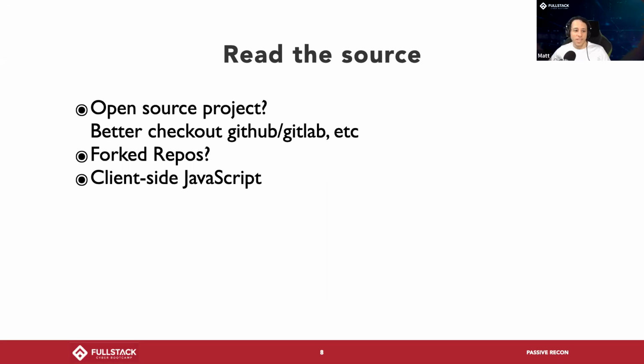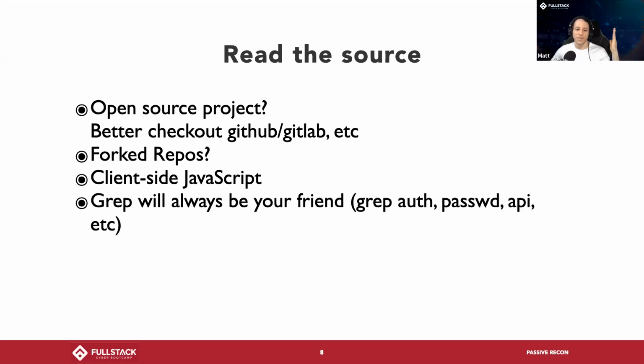Usually when you're doing this though, there's a whole lot of text to look through. There's a whole lot of code to look through. I can't look through all of it, so I have to be clever with how I look through it. Of course, grep is going to be your friend as you're looking through large code repositories. You want to see how this application handles authentication or where it stores passwords or how it stores them.